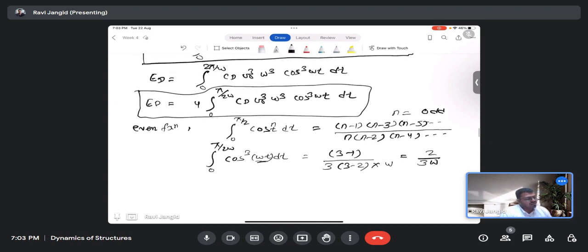So that becomes 4 cd u naught cube omega cube into 2 by 3 omega.